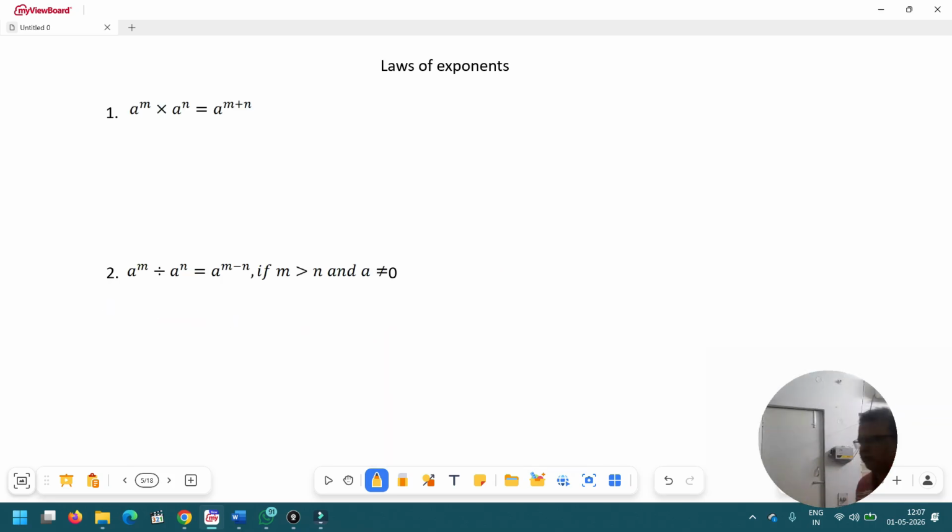Laws of exponents. a to the power m into a to the power n is equal to a to the power m plus n.